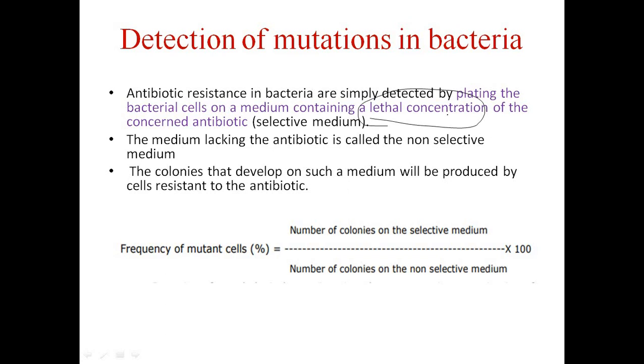A medium with a lethal concentration of the concerned antibiotic is called a selective medium. If the medium lacks that antibiotic, it is a non-selective medium. The colonies that develop on such a medium will be produced by cells which are resistant to the antibiotic.